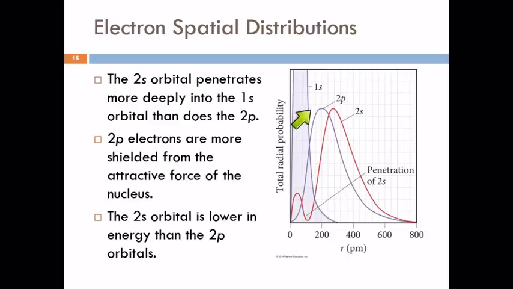That means that the 2p orbital is going to be a little higher in energy than the 2s. In the hydrogen atom, this doesn't happen, and the 2s and the 2p are degenerate. They have the same energy. But because of this penetration and shielding, we see that the 2p orbital for any other element is actually a little higher in energy than the 2s. Does that make any sense? A smidgen, perhaps?